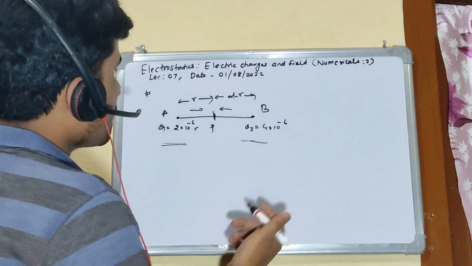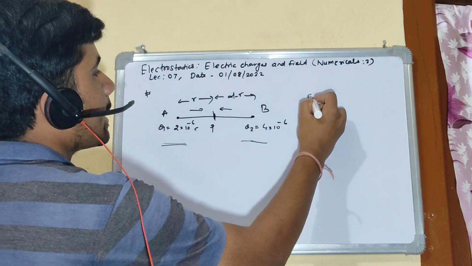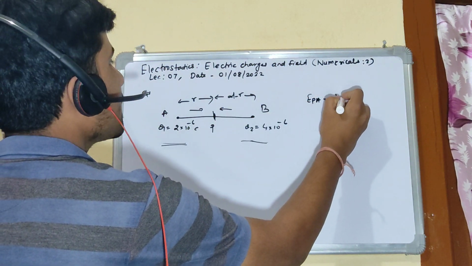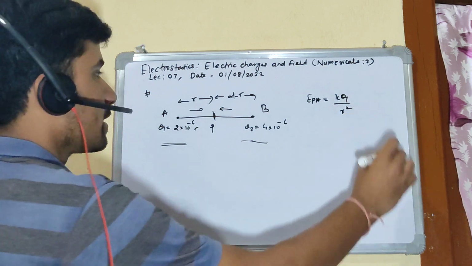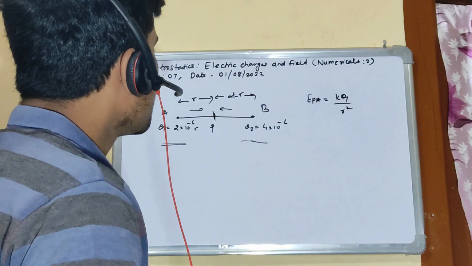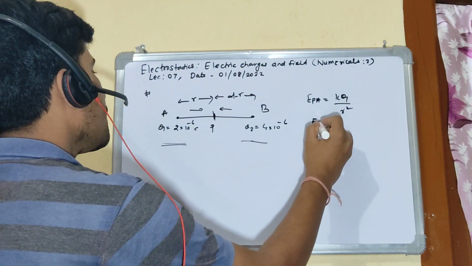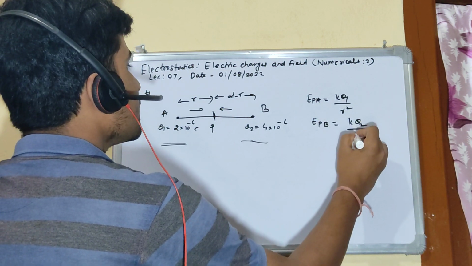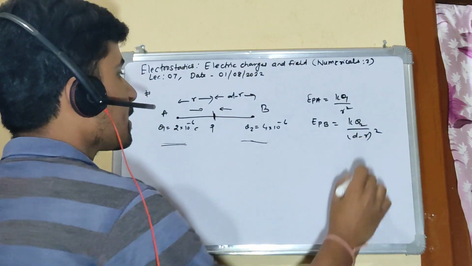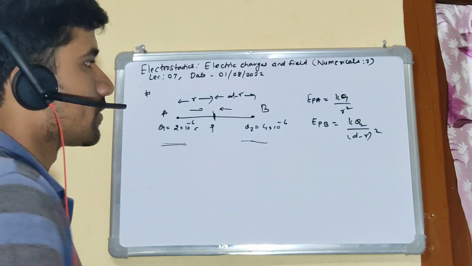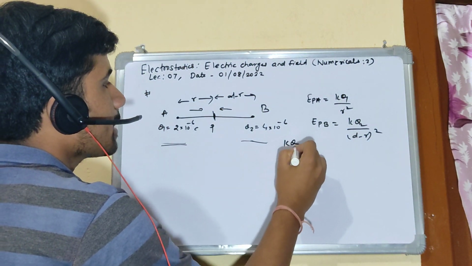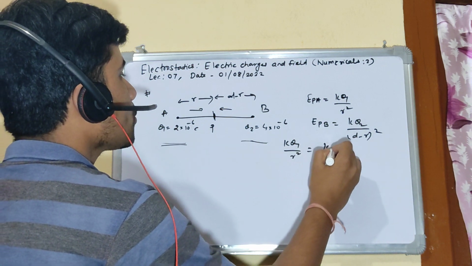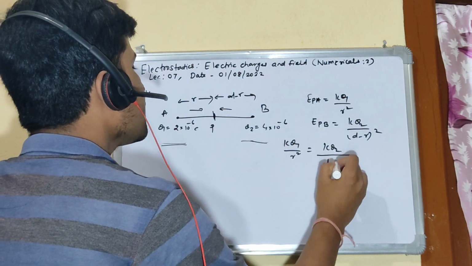So the electric field on P because of A will be what? kq1 by r square, right? Electric field because of B will be what? kq2 by (d minus r) square, right? To cancel out, these two should be equal. So kq1 by r square equals kq2 by (d minus r) square.